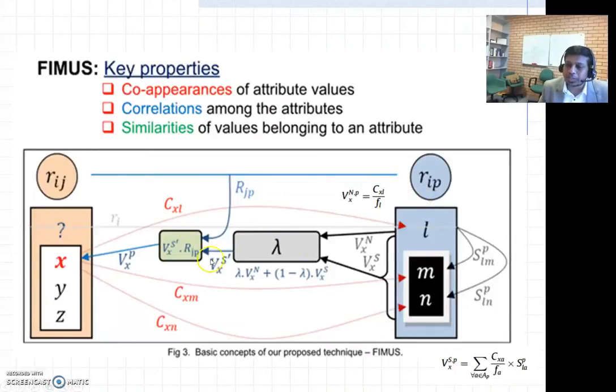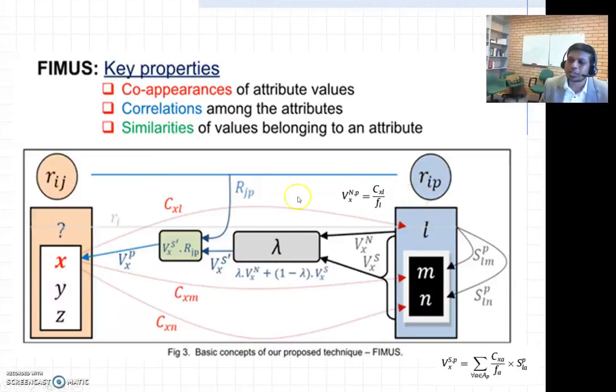So if the pth attribute is heavily correlated with the jth attribute, then the RJP value will be high, and these votes will be multiplied heavily, because the voting for X is not just done based on the pth attribute. You have to understand that there are similar attributes, like the kth attribute, the lth attribute, and others. So all attributes will be used to calculate the vote for X one by one.